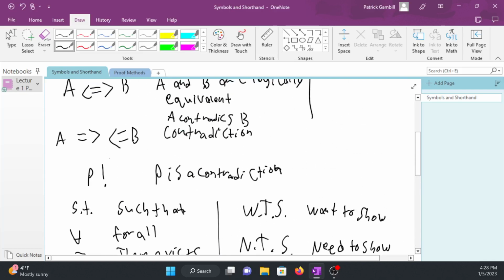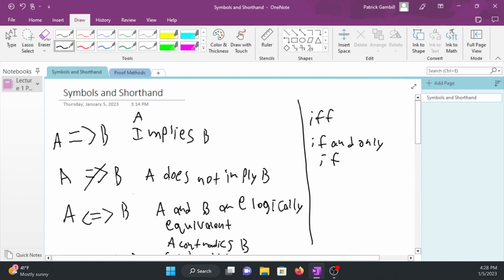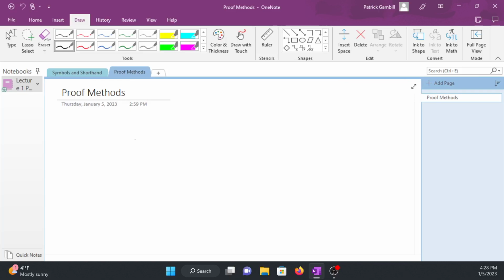So with that in mind, I'd also like to review some common proof methods that you will see throughout this course, and you will find helpful for various homework, test questions, and group activities. Really, there's 4 main proof methods you're going to see.